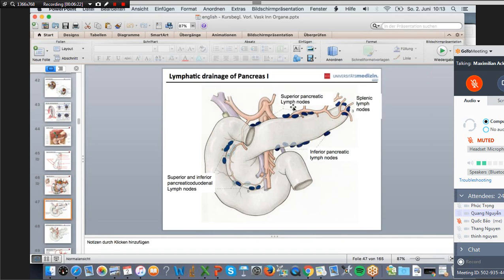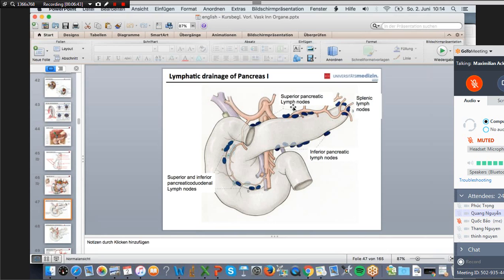Some words to the lymphatic system, on the lymph nodes around the pancreas, because one of the biggest problems with pancreas carcinoma patients is that you have really early infiltration of the lymph system or lymphatic system.